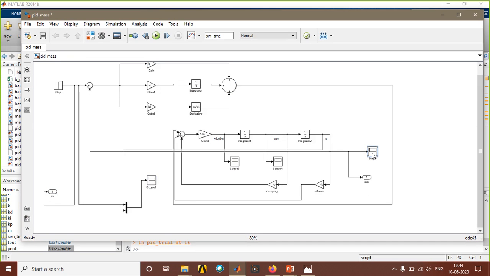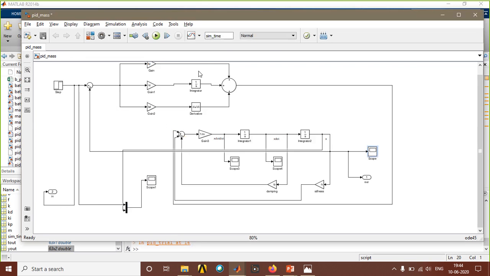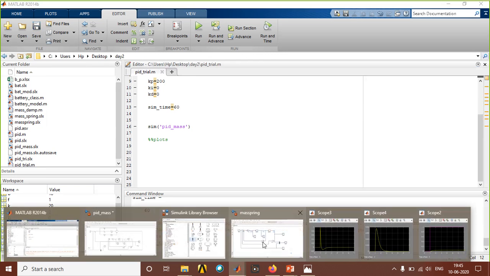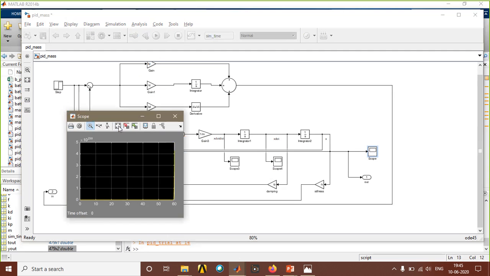What am I getting at the output? Oh, maybe my time is not sufficient, I hope. Sim underscore time. I'm going to give 20 seconds or else 60 seconds. What happens is sometimes my time will not be sufficient. Time is good.